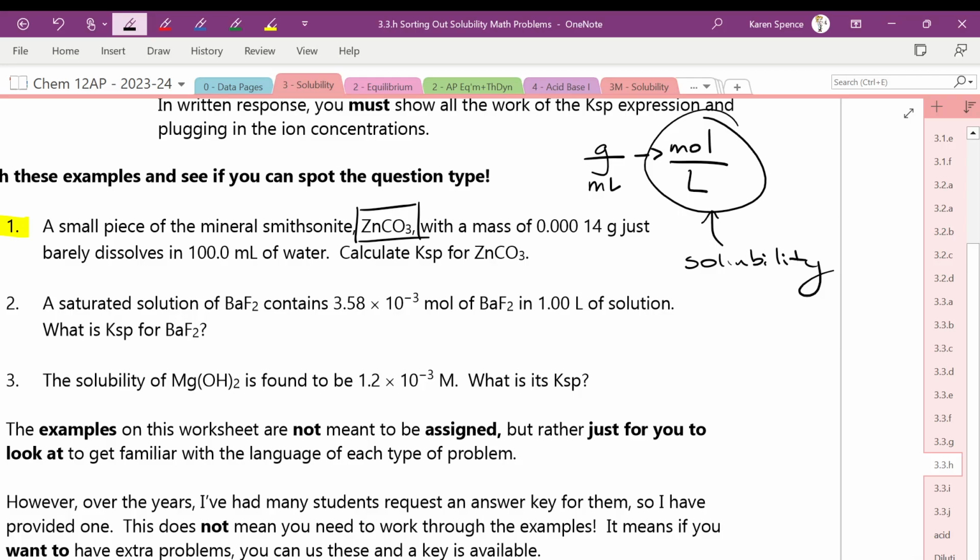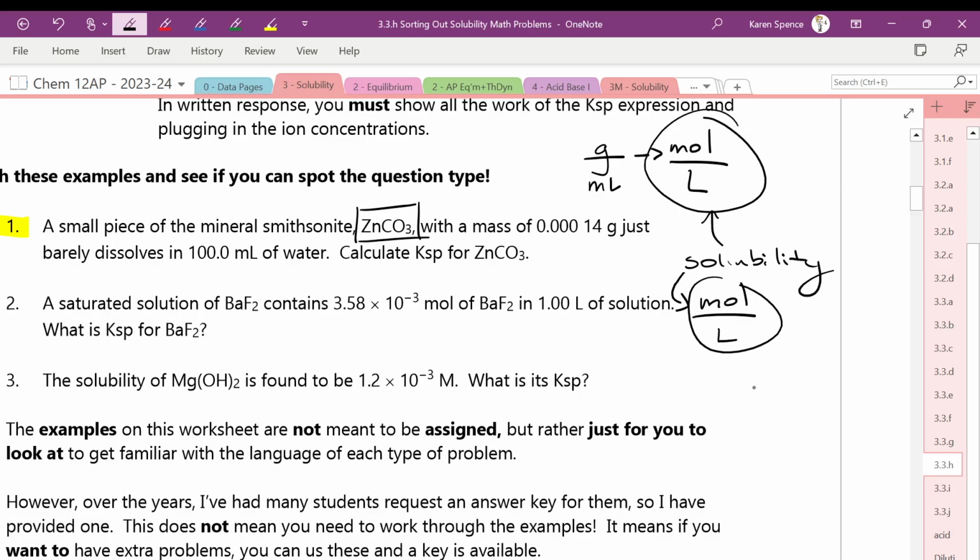All right, a saturated solution of BaF2 contains 3.58 times 10 to the minus 3 moles of BaF2 in 1 liter of solution. What is the KSP? Could you solve this problem? You would take your moles and divide by your liters.